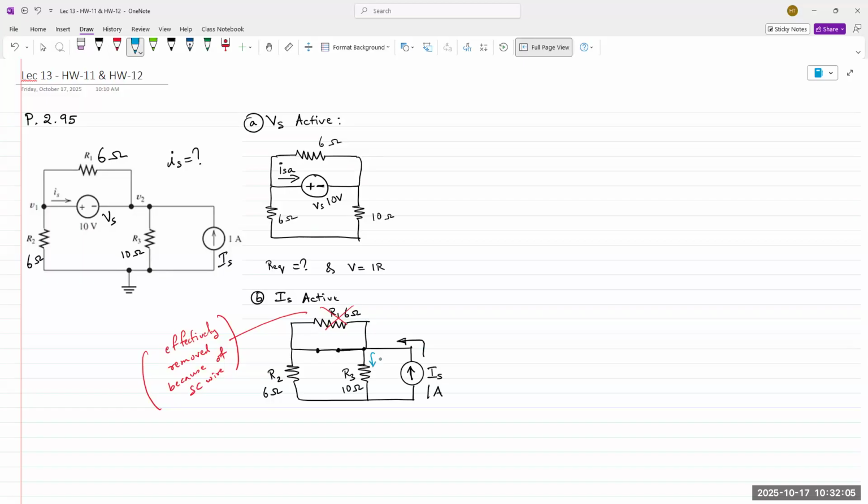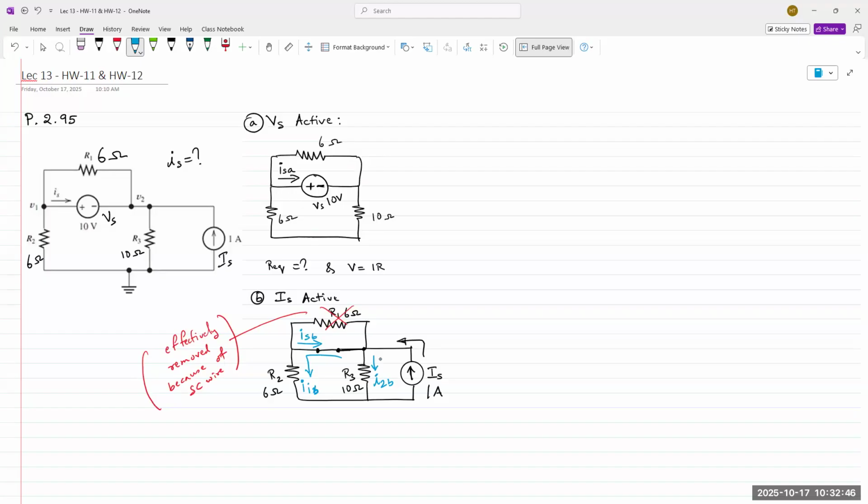We have it splitting. It splits in two. This becomes I2B, and this is the current that flows through R2, which let's call it I1B. And then keep in mind, we are trying to find this current, which is ISB.